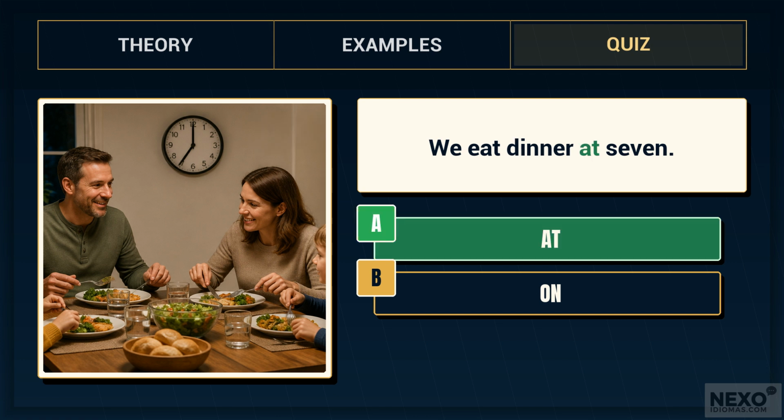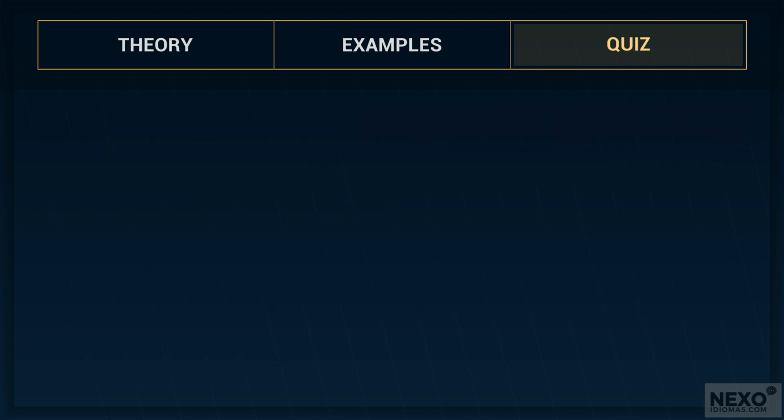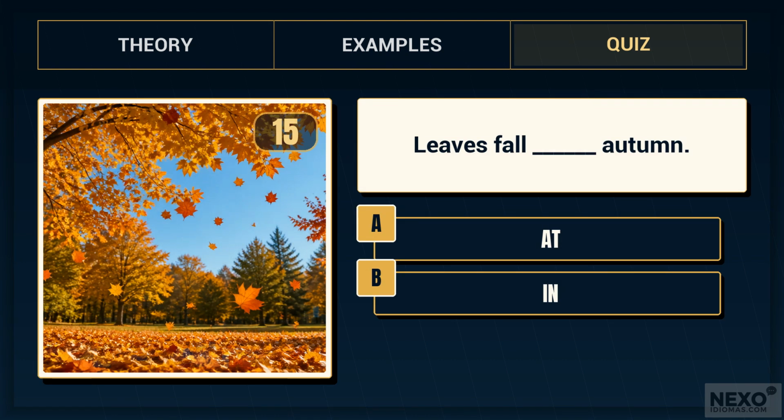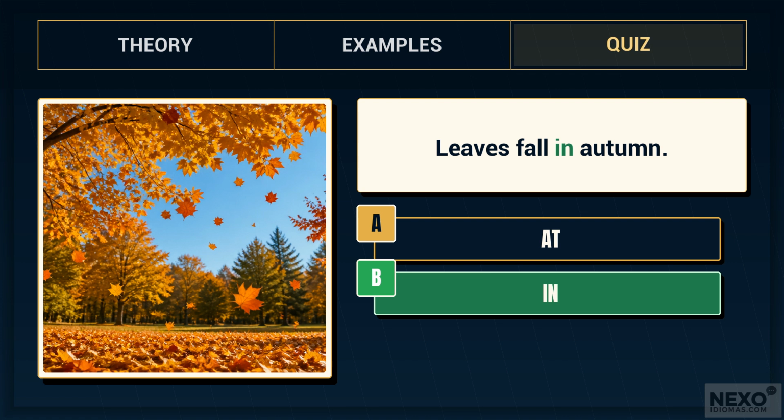At. We eat dinner at 7. Choose an option. In. Leaves fall in autumn.